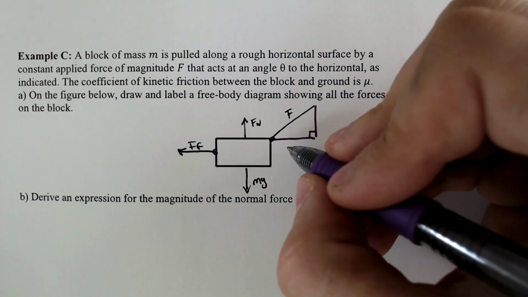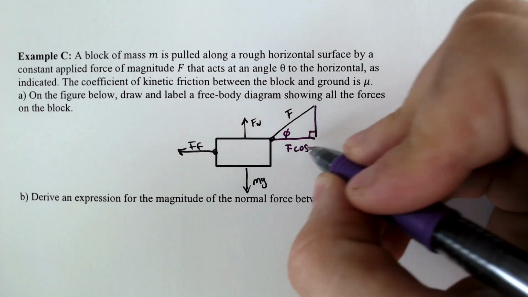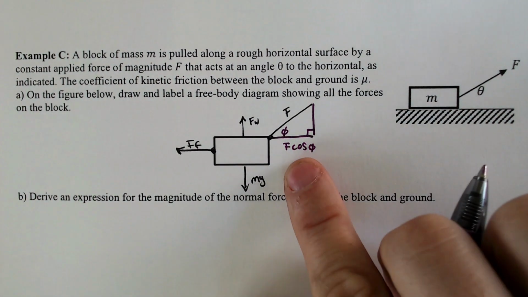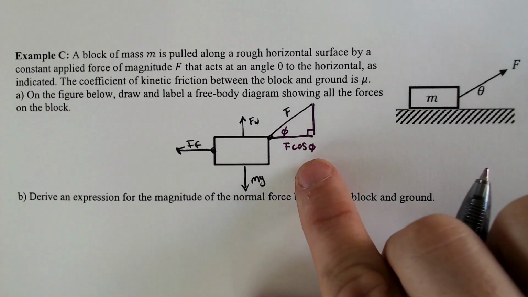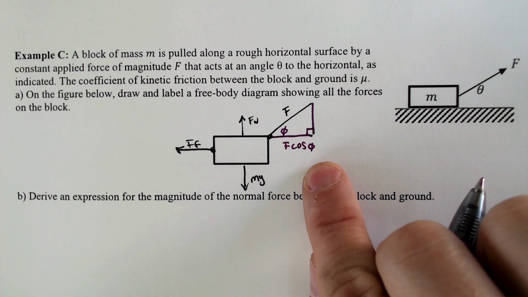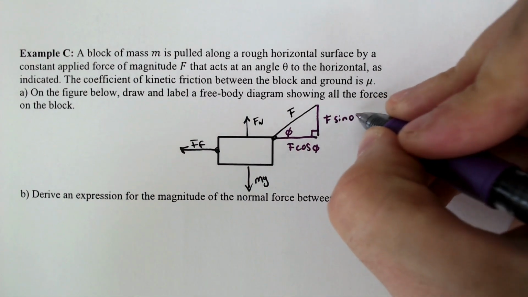The horizontal component would be F cosine theta using basic trigonometry, SOHCAHTOA. Cosine is adjacent over hypotenuse, and therefore when you solve for the adjacent part, you would get F, the hypotenuse, times cosine of theta, and the vertical part would be F times sine of theta.